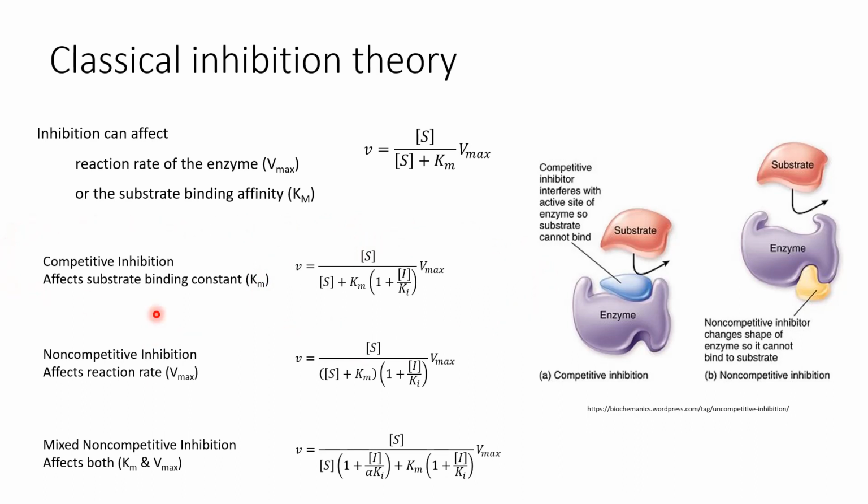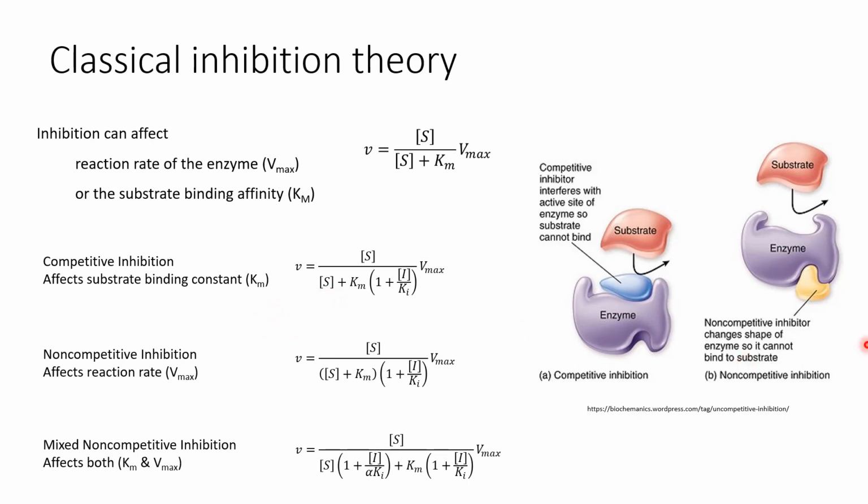So competitive inhibition, you get this equation where you're basically multiplying your substrate affinity term from the Michaelis-Menten by an inhibition term, 1 plus I over Ki. And this makes sense because in competitive inhibition, you're only actually supposed to be affecting the substrate affinity, so having it directly multiply into the substrate affinity constant makes a lot of sense.